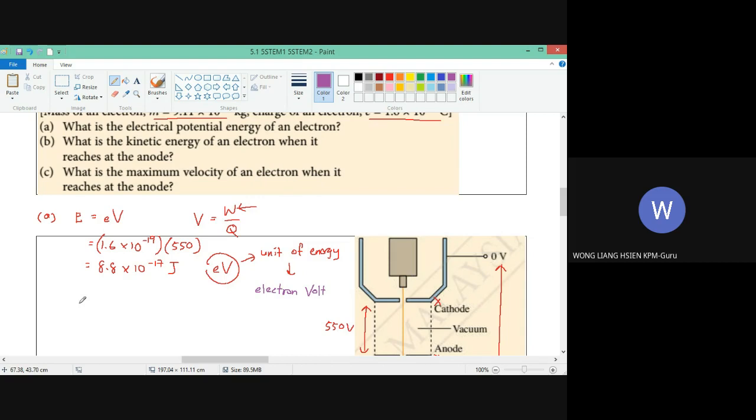You will not know what this eV is, and you will not be able to use that information. Okay, so B.